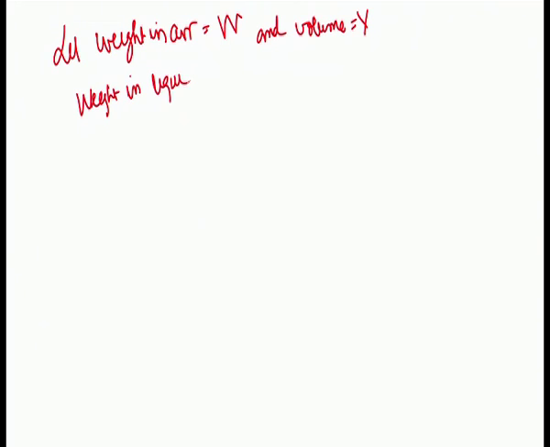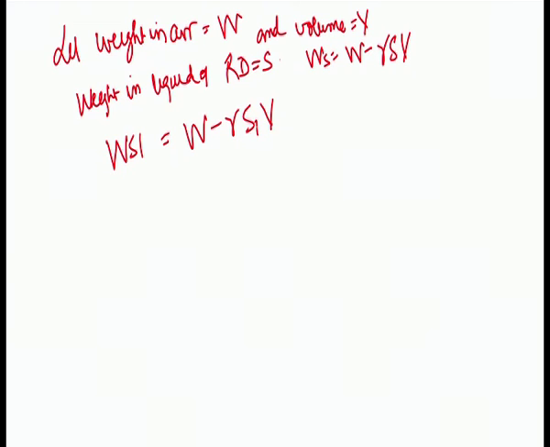So let weight in air be W and volume be V. Weight in liquid of relative density S is WS is equal to W minus gamma S V. Okay, so WS1 is going to be W minus gamma S1 into V. WS2 is going to be W minus gamma S2 into V, right?